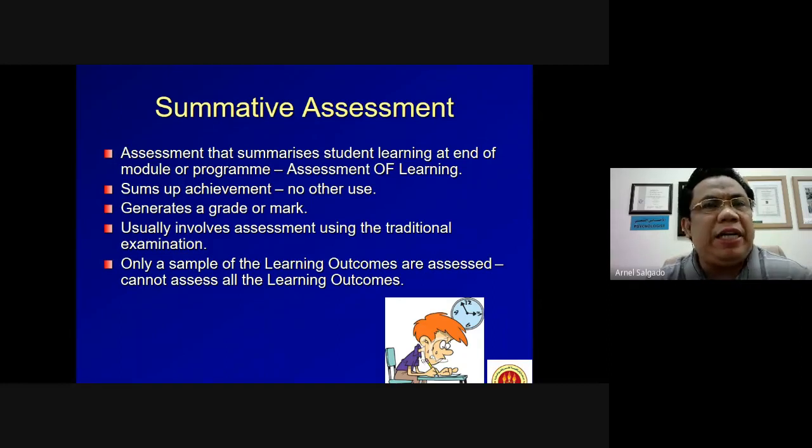You cannot just write the knowledge and comprehension levels, the first 2 in Bloom's taxonomy. We cannot do that.